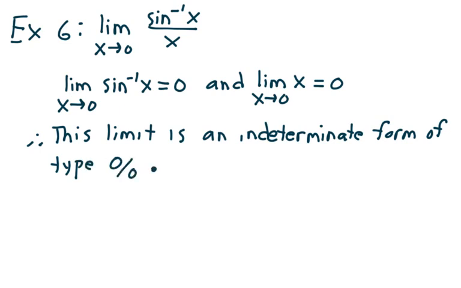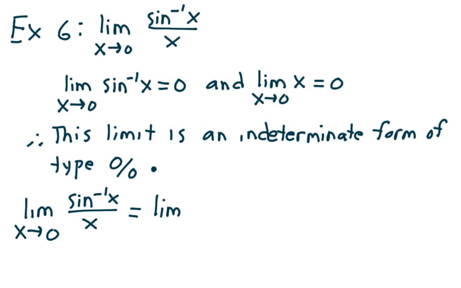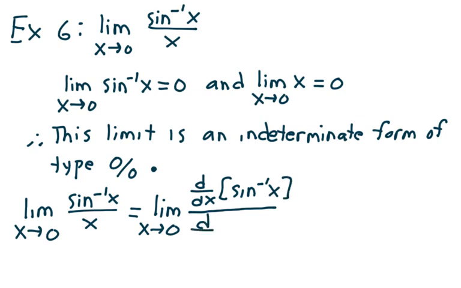So we're going to apply L'Hopital's rule. So I'm going to take the limit as x goes to 0 of arc sine x divided by x. And so this is the limit as x goes to 0. Now I'm going to take the derivative of the arc sine x and divide by the derivative of x.